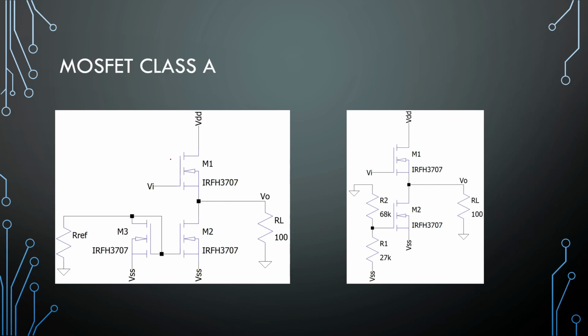Right, for MOSFET we can use a similar kind of setup. Just instead of having VBE everywhere, we will have our VGS voltages. So we need to calculate a VGS if we want to do the current source calculation.